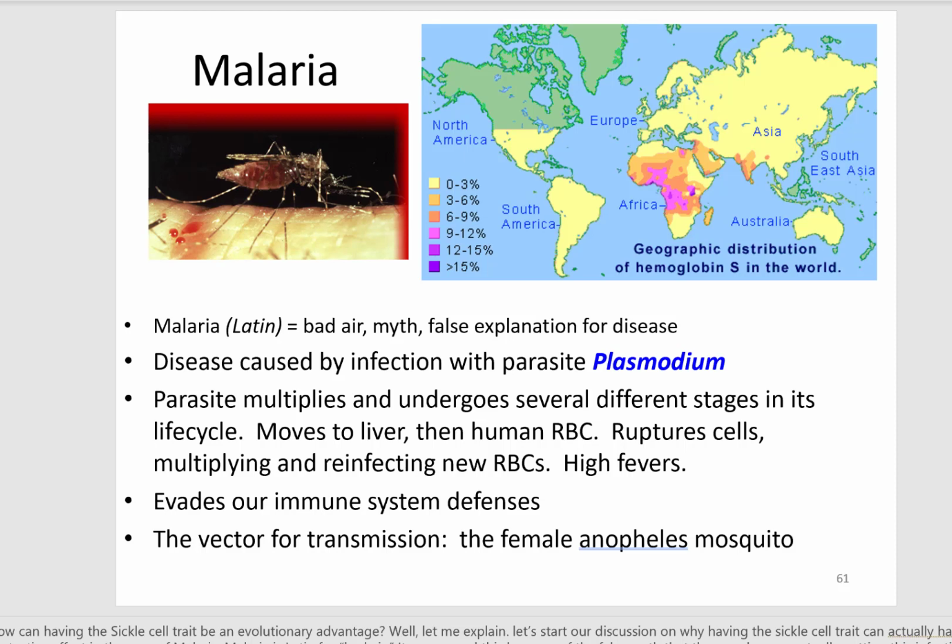Then it finishes its lifespan in the human host. The parasite multiplies and goes through several different stages in its life cycle. One of those stages needs to be in the liver, and then the human red blood cell. Then a mosquito would drink the blood from an infected human and then transmit the plasmodium into another person.